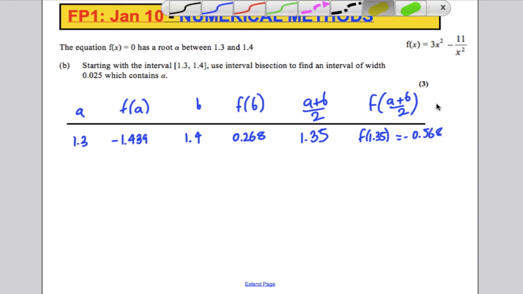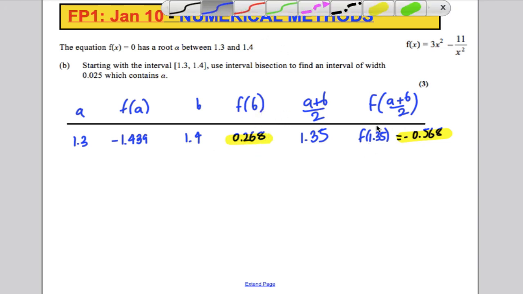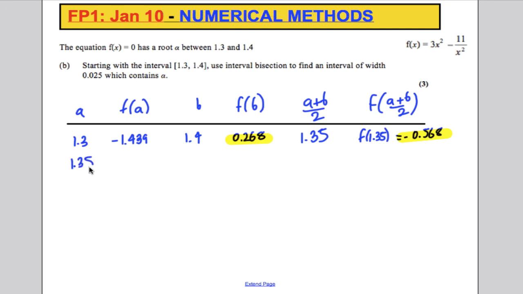Now you always want the new column, so we want that negative, and therefore, for a change of sign for a root between them, we also want the one that was positive. So our next A must be 1.35, with negative 0.568. Our B must still be 1.4, which is 0.268.